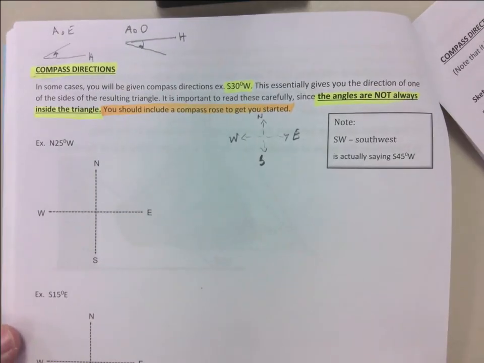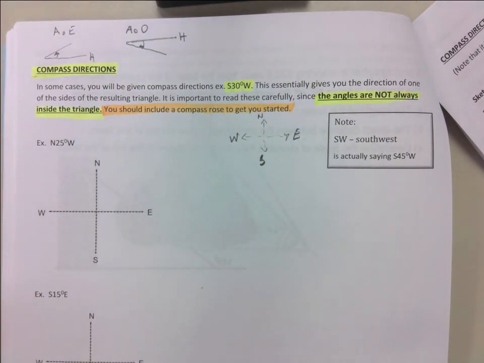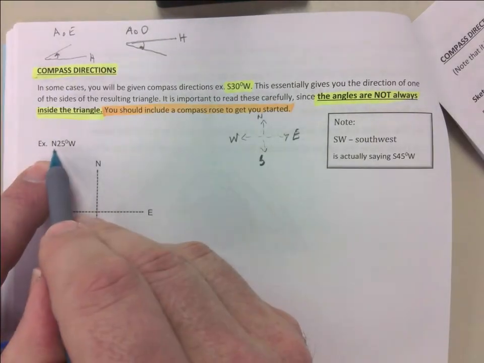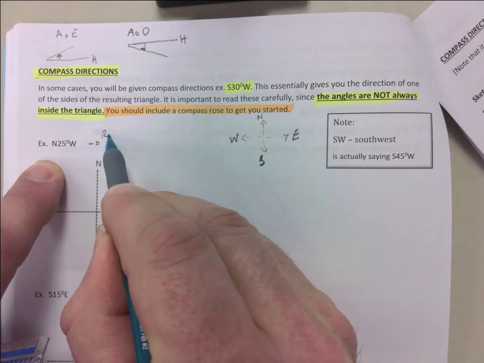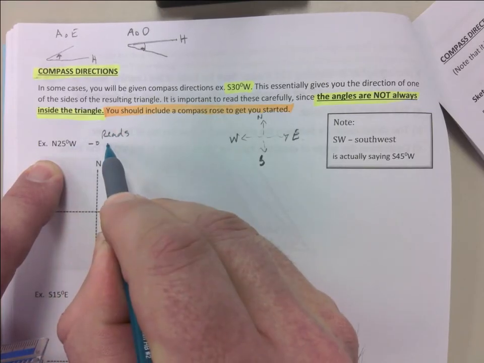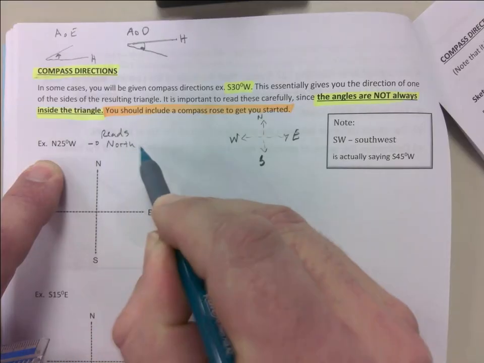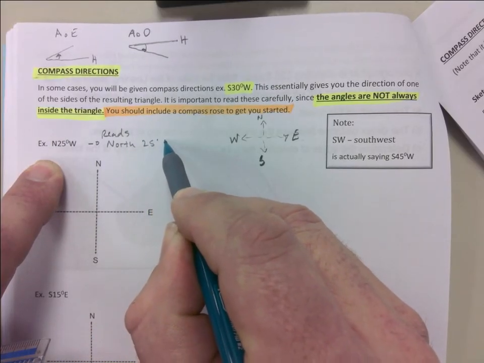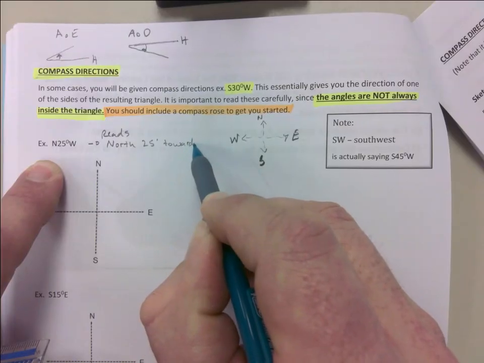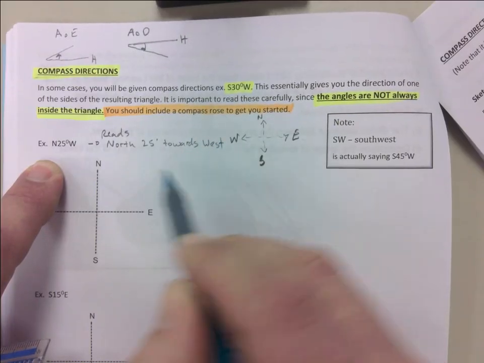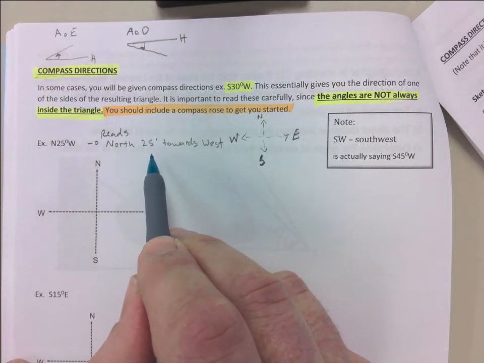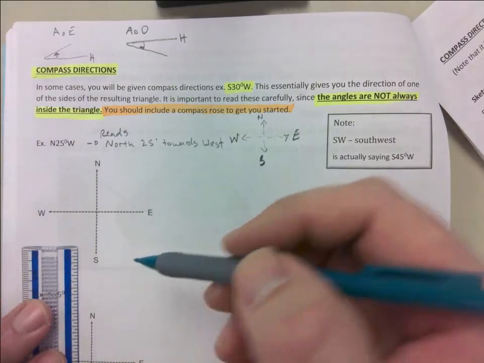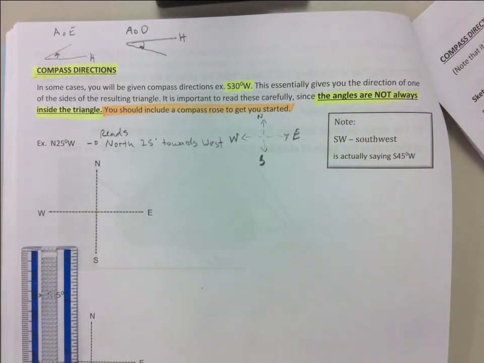Okay, so here we go. I'm going to use a red pen for the actual direction that I'm going to draw in each of these cases. So when you see north 25 degrees west, the way we read this is north 25 degrees towards west. You start north, you turn 25 degrees towards the west. Try to use reference angles.